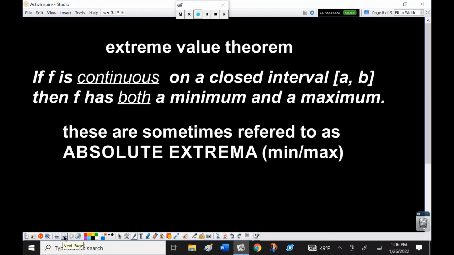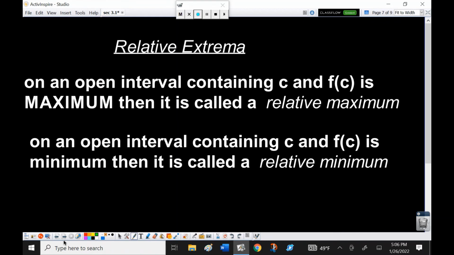All right. Let's move to relative extrema. Well, what's a relative extrema? A relative extrema can be found on an open interval, okay? And that open interval contains some c value, and f at c is a maximum. If it's the maximum value on this open interval, then it is called a relative maximum.